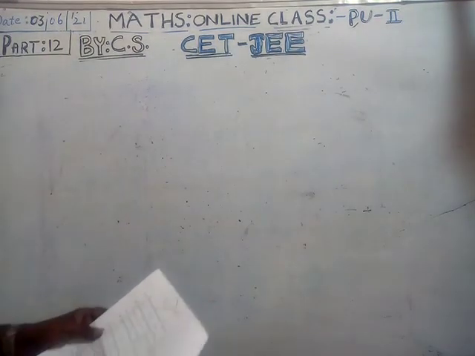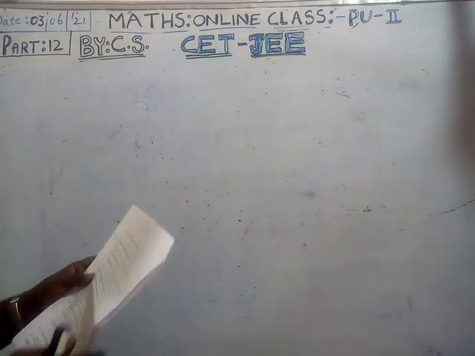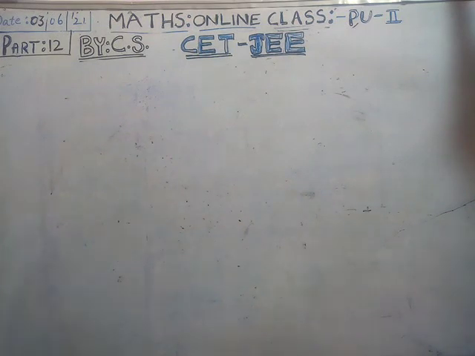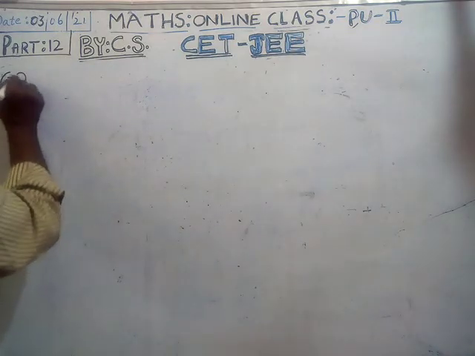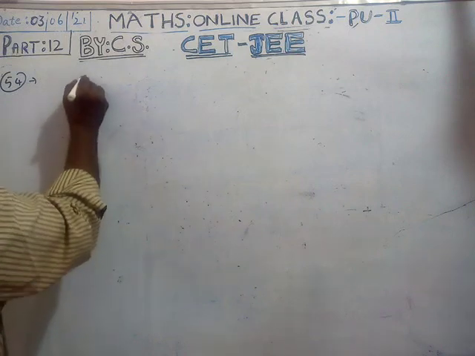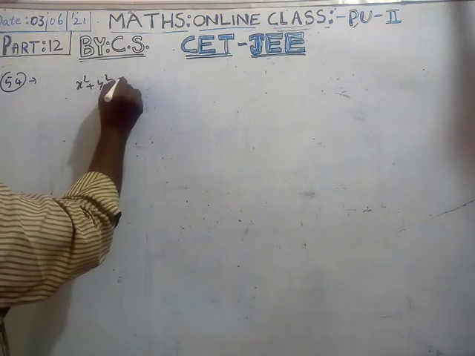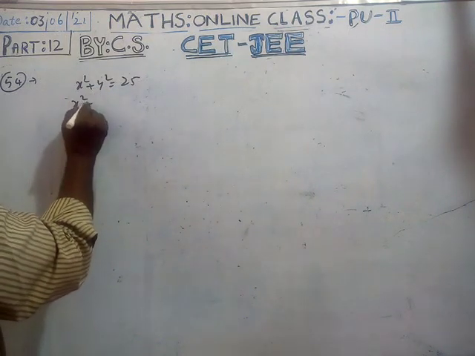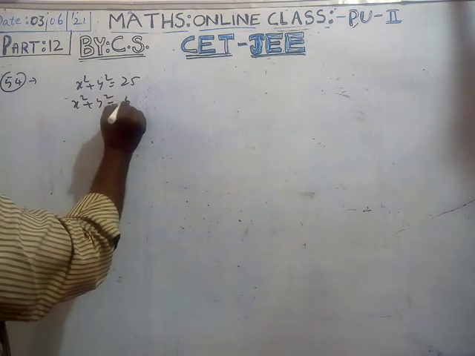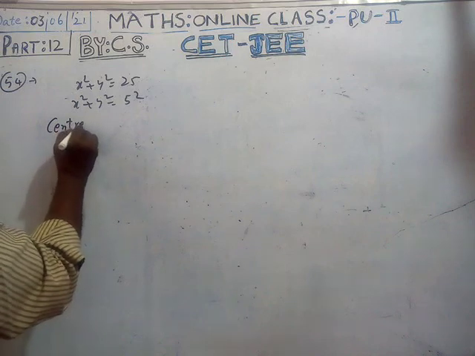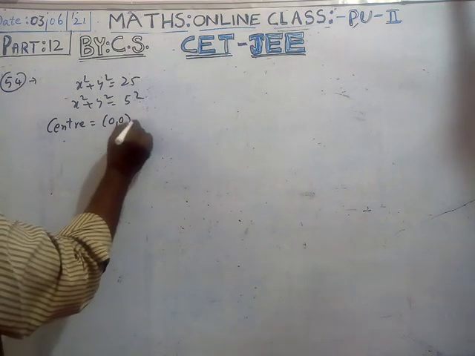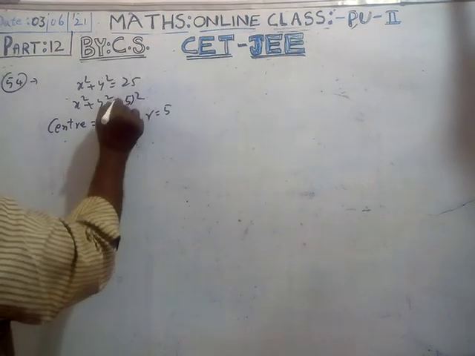You see? It is also a beautiful concept. X square plus y square is equal to 25, means x square plus y square is equal to 5 square. Okay, now the center is 0, 0 and the radius is equal to 5.